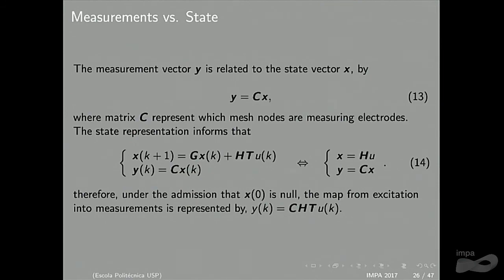At the same time, C can be used as an observability matrix, and under null initial conditions, we have equations 14. And especially we can write a relationship between measurements and the excitation that will be observability matrix times controllability matrix.